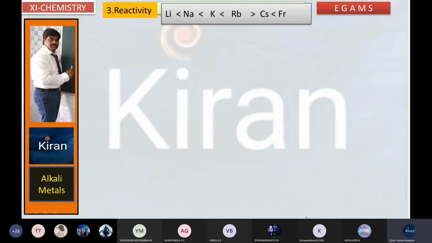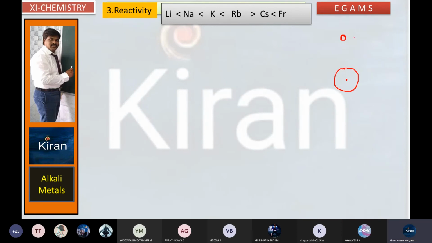The same reason you can explain in this case also. Cesium, as a larger atom, can release its electron easily and get involved in a chemical reaction compared with lithium and sodium. For example, this is the lithium atom, this is the cesium atom.